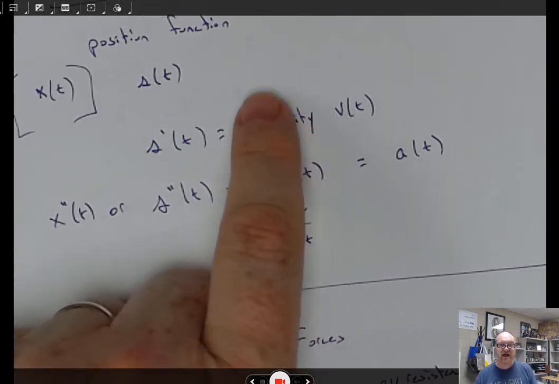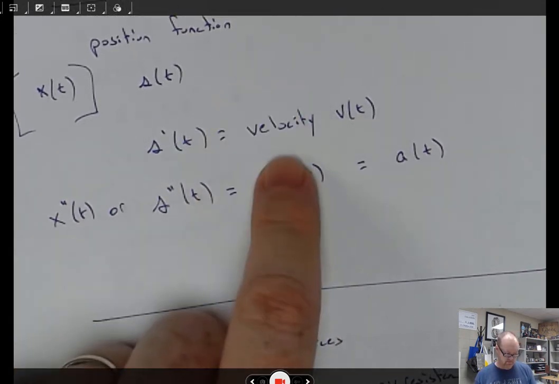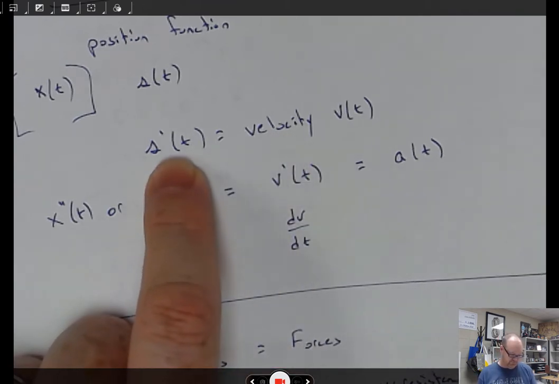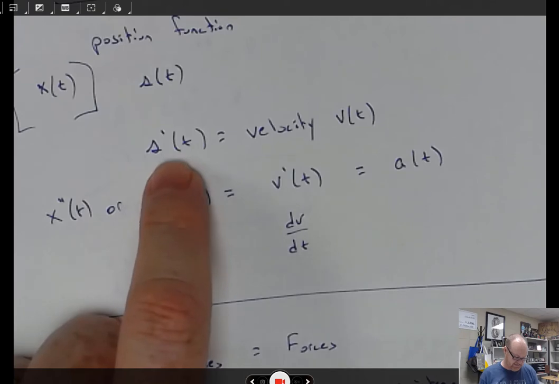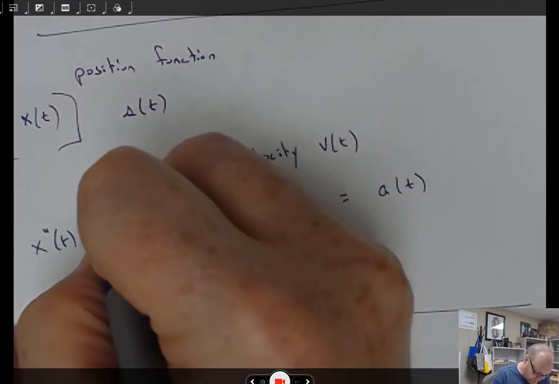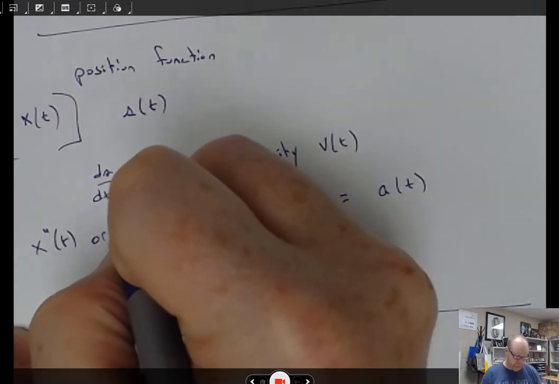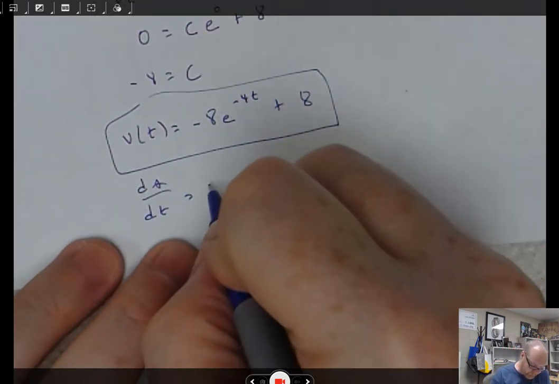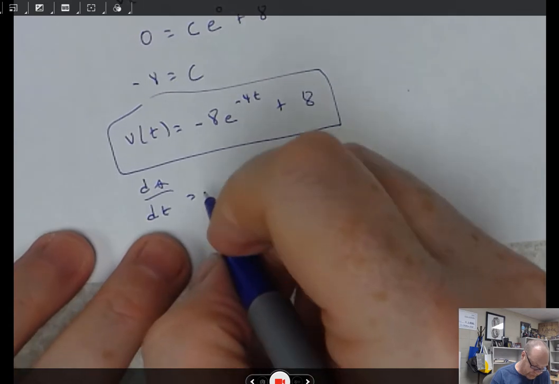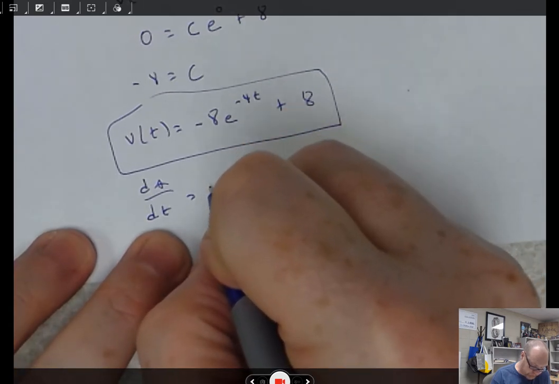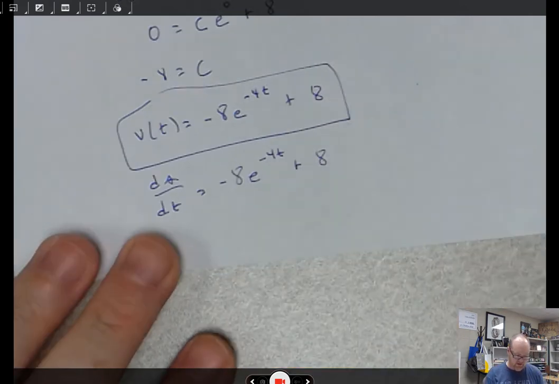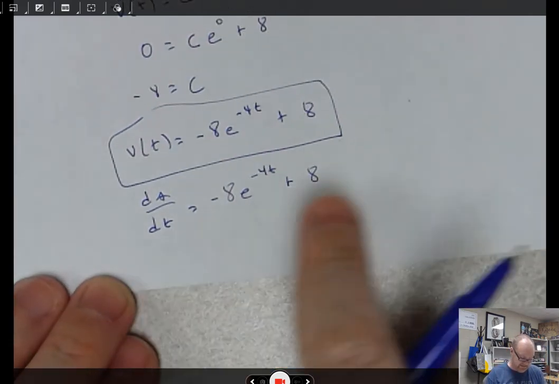I have found velocity, but that's the same thing as saying the derivative of position. So ds dt. And so I would integrate this formula with respect to time. Right, so I can multiply both sides by dt and integrate.